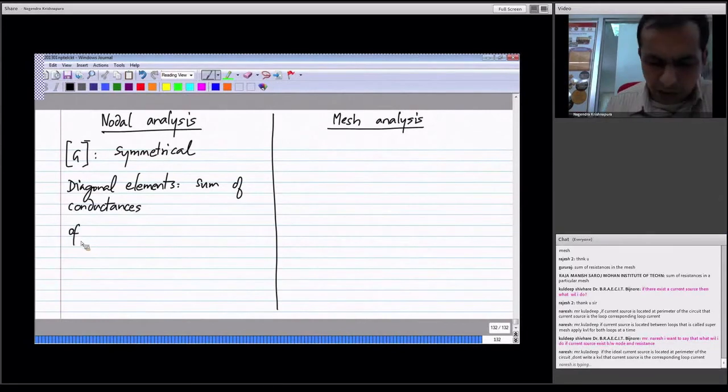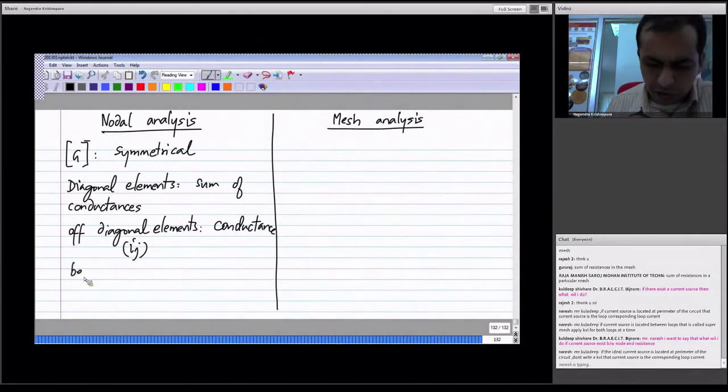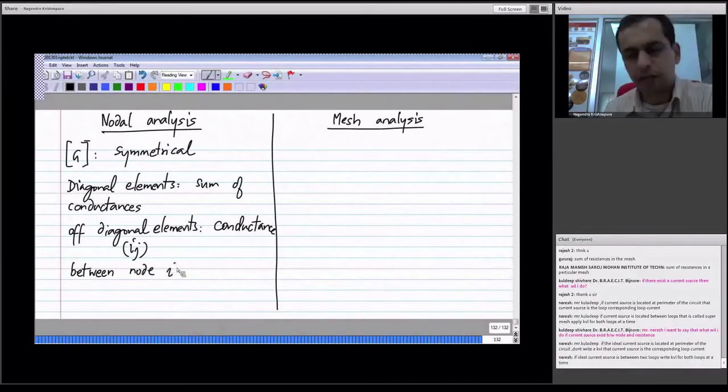When I say off diagonal, if it's the element ij in the matrix, it is the conductance between node i and node j. Okay, and in fact it's the negative of that.